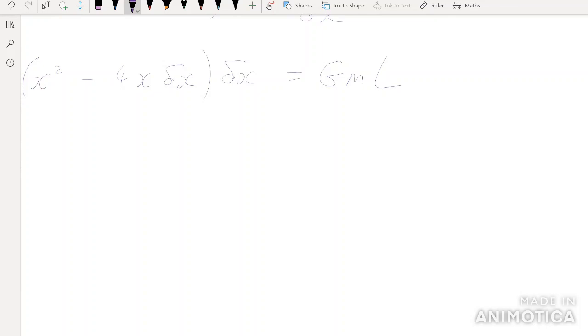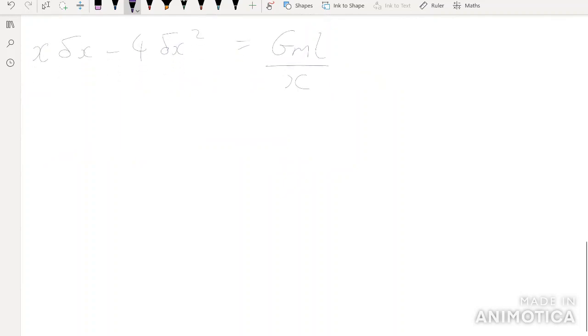So we get x delta x minus 4 delta x squared equals gml over x. Then I'm going to flip the signs and divide by 4, so we get delta x squared minus x over 4 delta x equals minus gml over 4x.